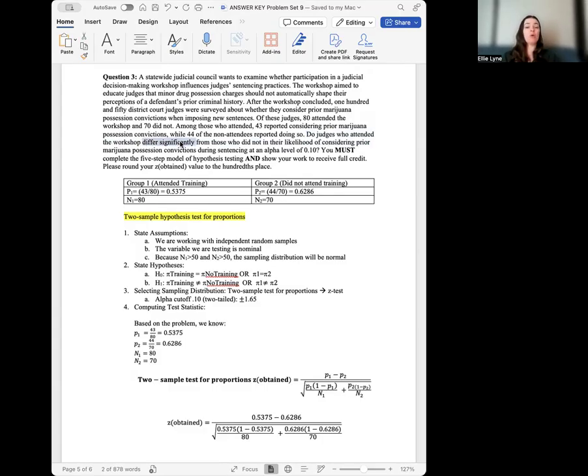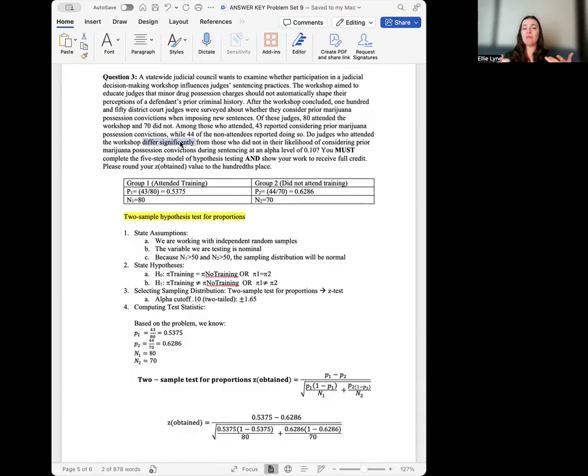In comparison to both question 1 and question 2, who specified an actual direction, one was lower than or less than, and one was higher or longer than, here it just says difference. And so that's our key to know that we are actually interested in both ends of our normal distribution.